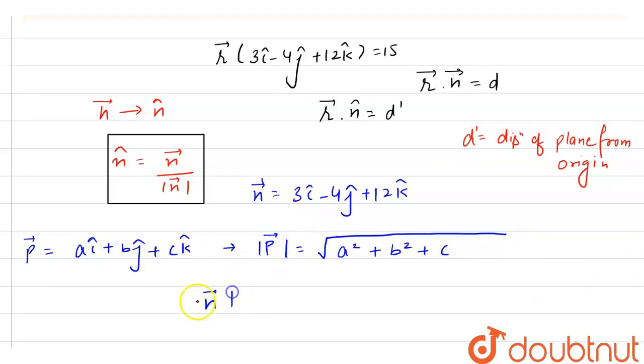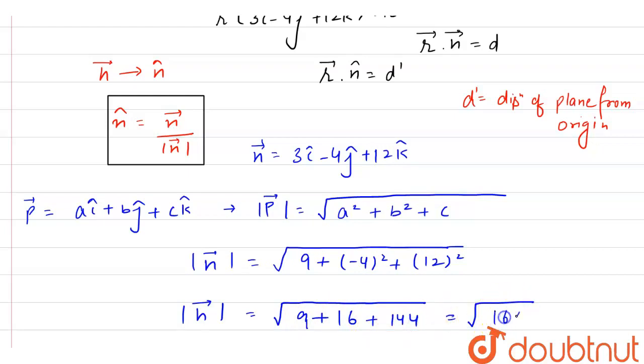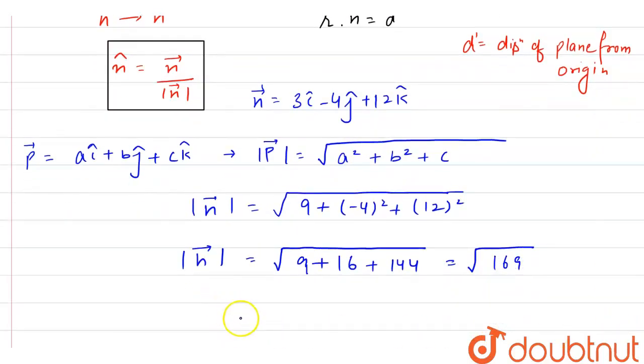So by using this formula we can find the magnitude of n vector.